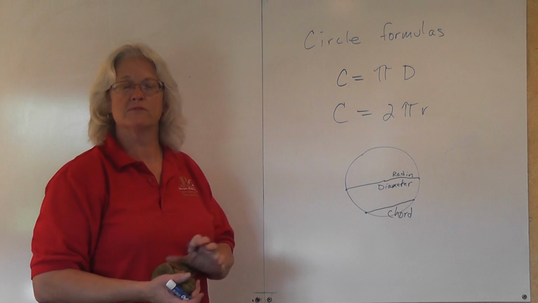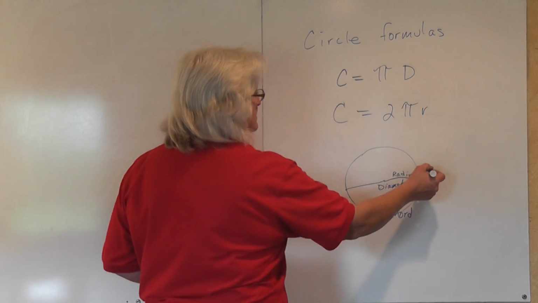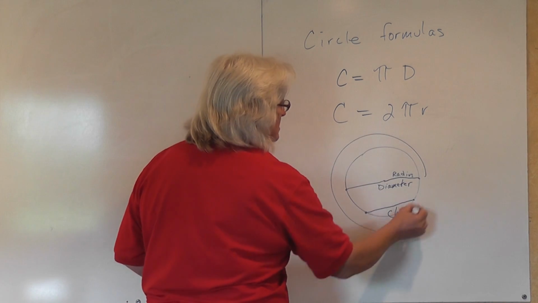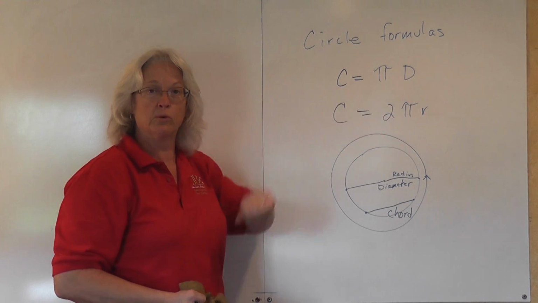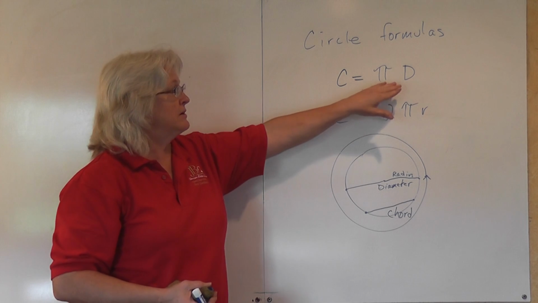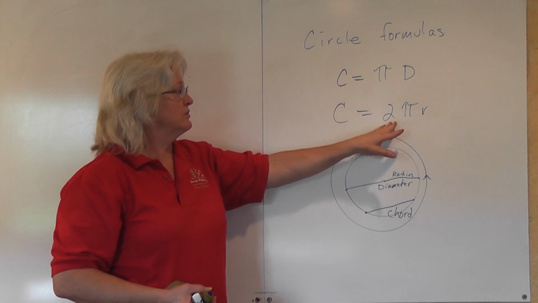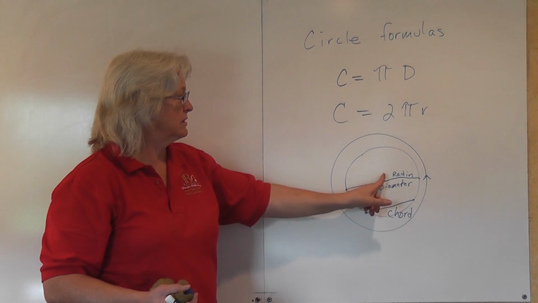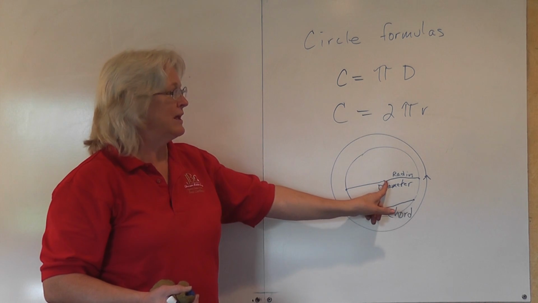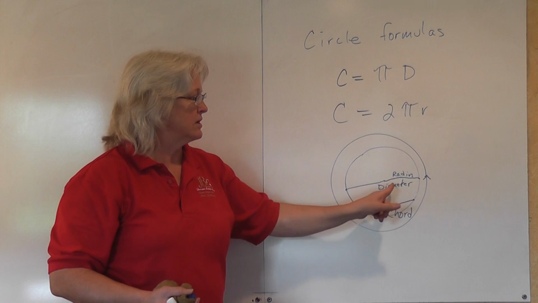The circumference of a circle is the distance around the circle. And the reason that we have two different formulas that we can use here, pi times the diameter and 2 times pi times the radius, is because a diameter is the same as 2 radii.